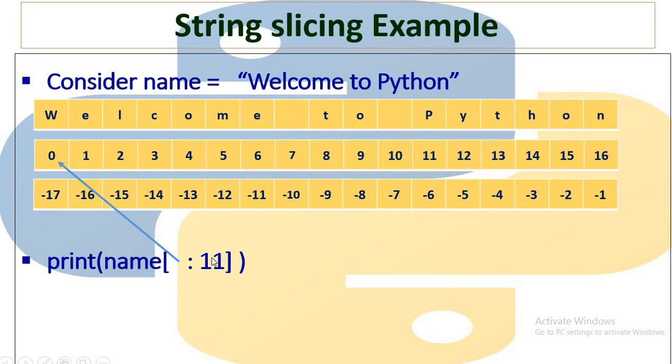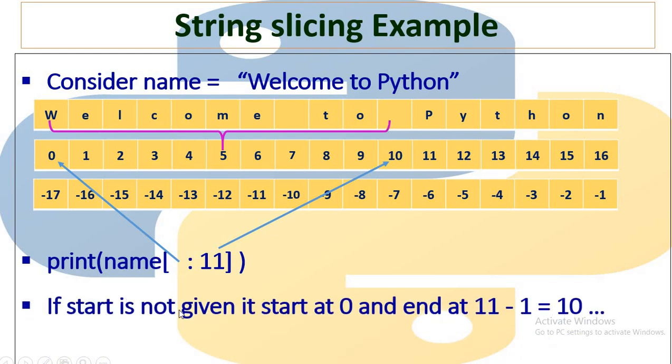And end is mentioned, so if 11 is the end, it means we are going up to 10. So this will be the part of the string that is going to print. If start is not given, it will start at 0 and it will end at the given end minus 1, which is 10. So the output is welcome space TO and space.